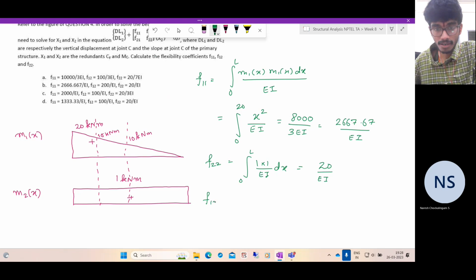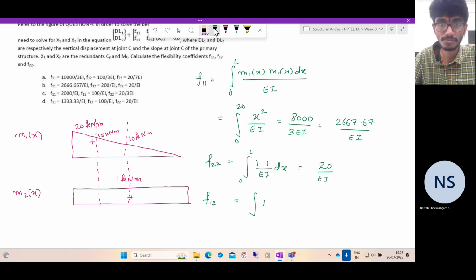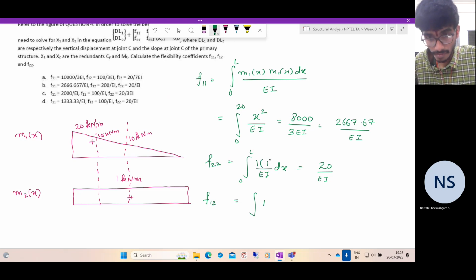What is f12? It is also simple: the integral of 1 times x by EI dx from 0 to 20.